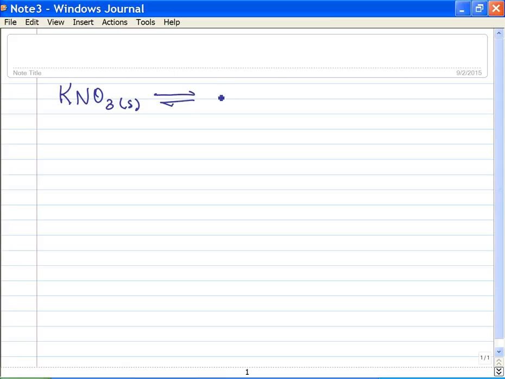And when it goes into water, it dissolves and forms the potassium plus ion and the nitrate anion. So basically, whatever the starting concentration, because it's a complete ionization, it completely dissociates into its ions.